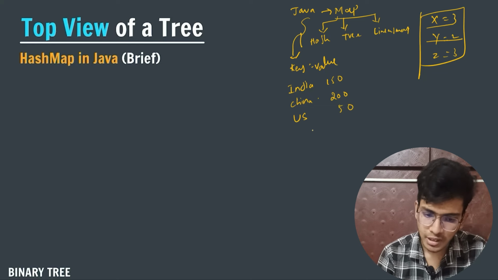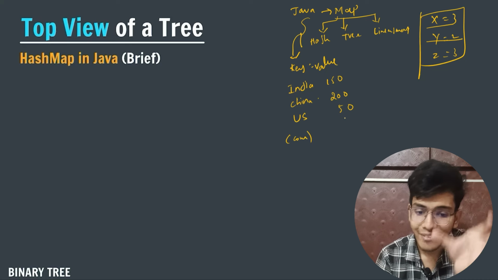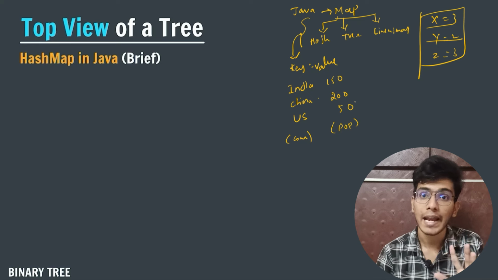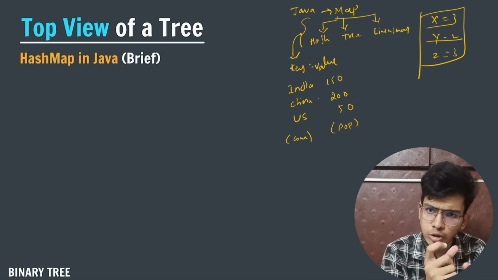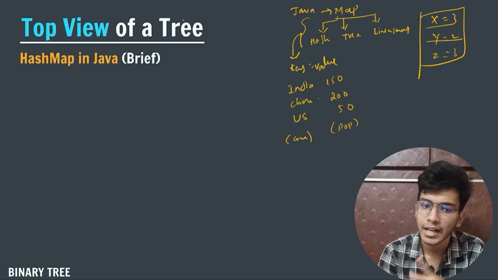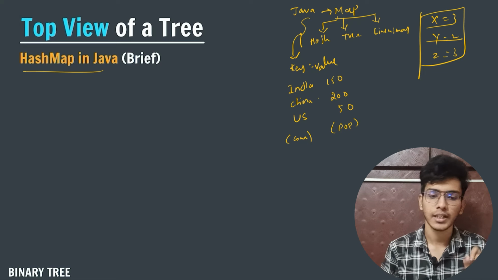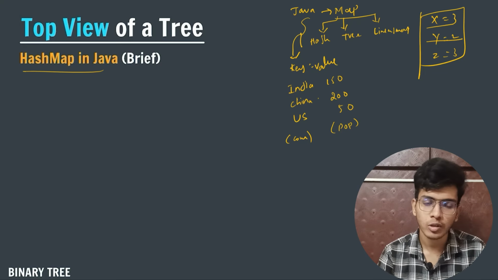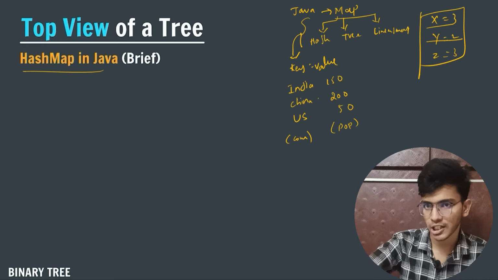Now here in the key I am storing countries, and on the value side I am storing the population of that particular country. To store this data in the form of key and value, I use HashMap. You need to keep this in mind, even though this concept is new to you, and I will explain it in detail in the upcoming sessions.